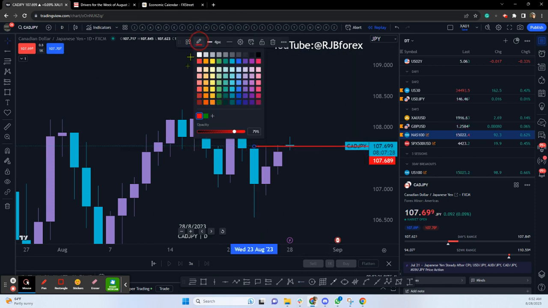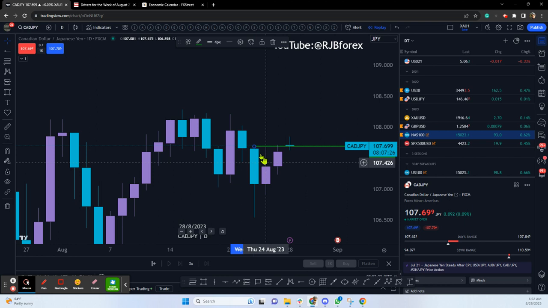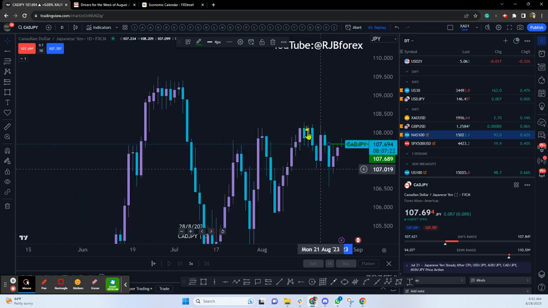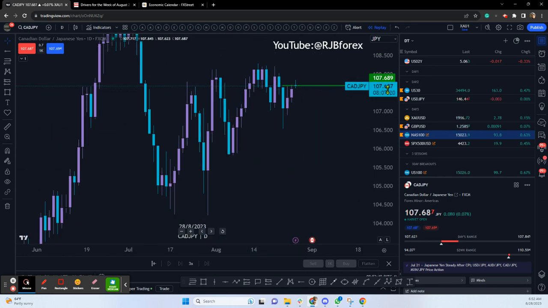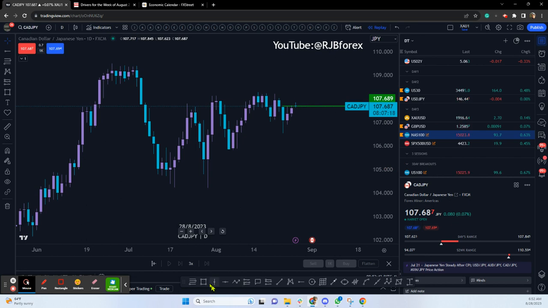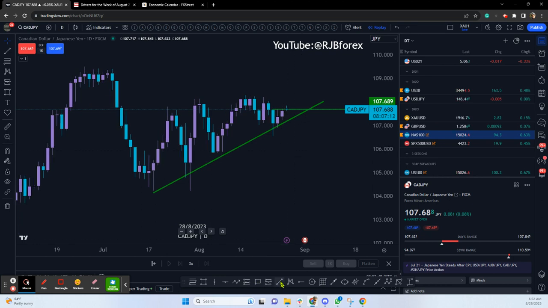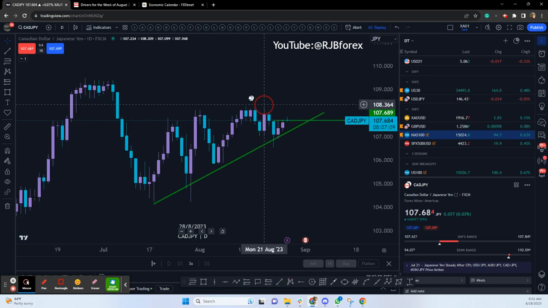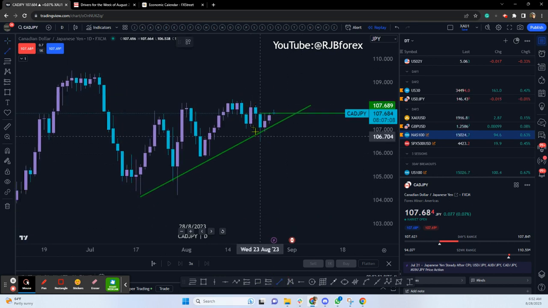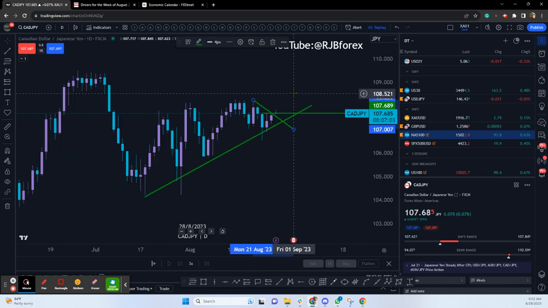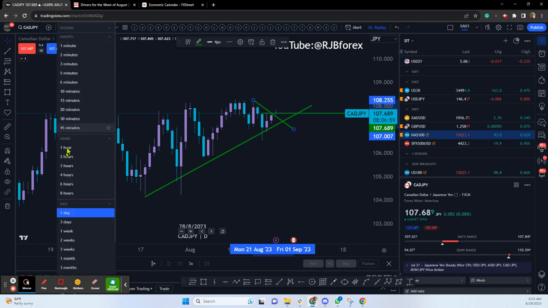So we seem to be making a support here. We're trying to break higher. So we're trying to move higher at this point.